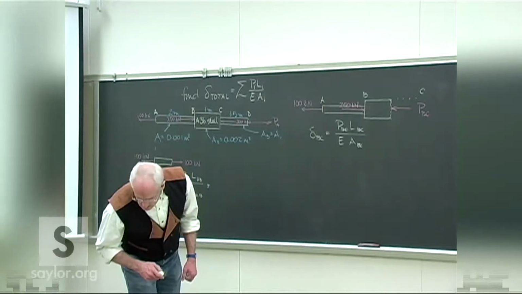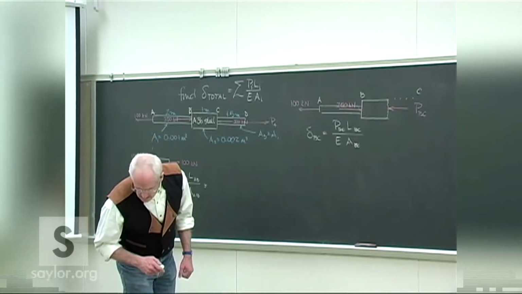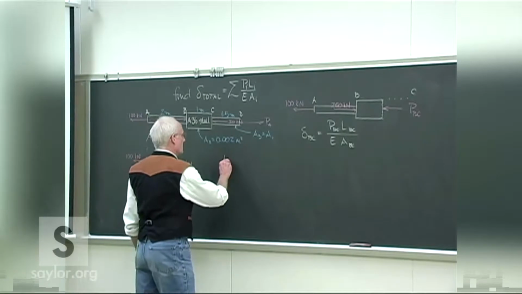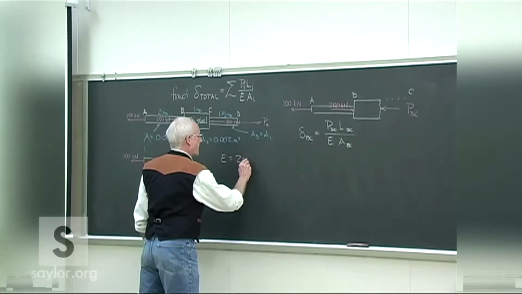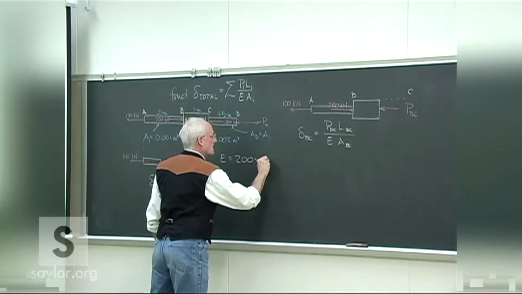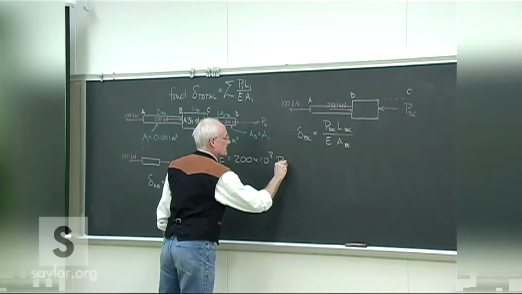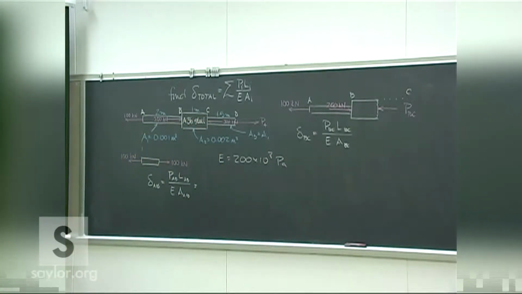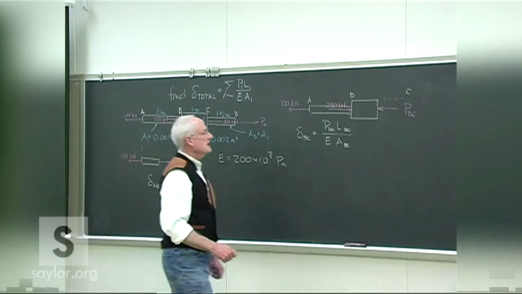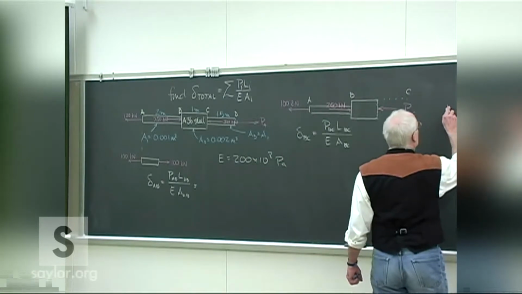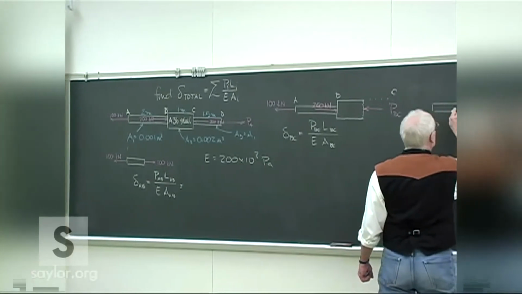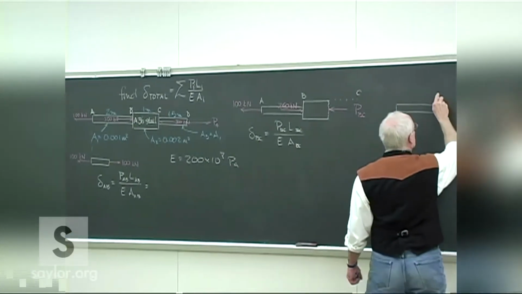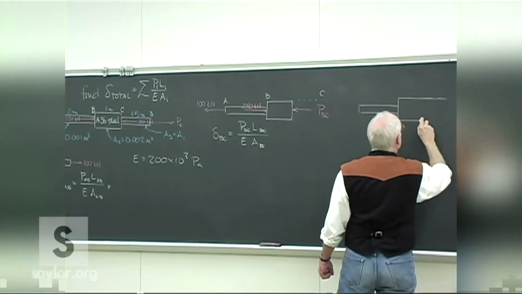So let's see, E is something like 200 times 10 to the 7th Pascal, so you can chunk those numbers. Remember, you must keep very close account of which ones are extensions and which ones are compressions.